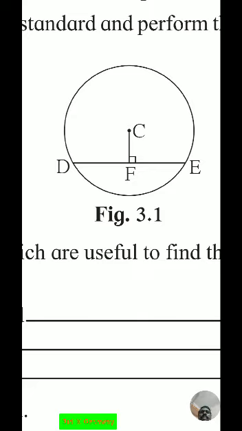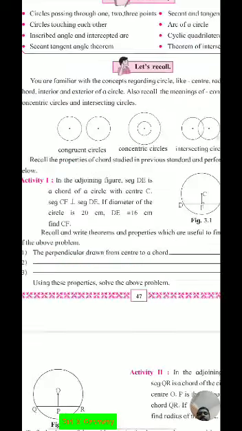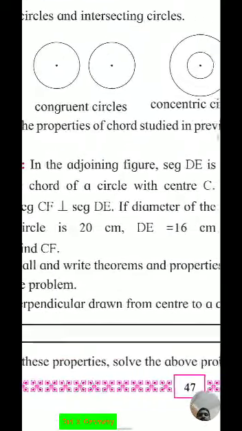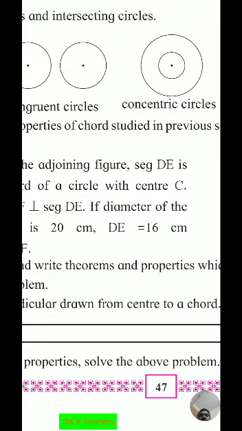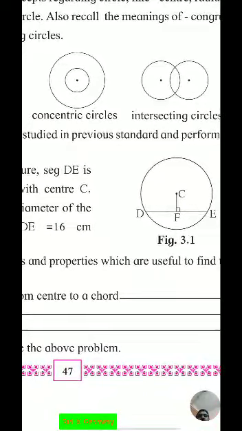Therefore DF is equal to FE or EF. If the segment DE is given as 16 centimeter, then we get DF is equal to 8 centimeter.